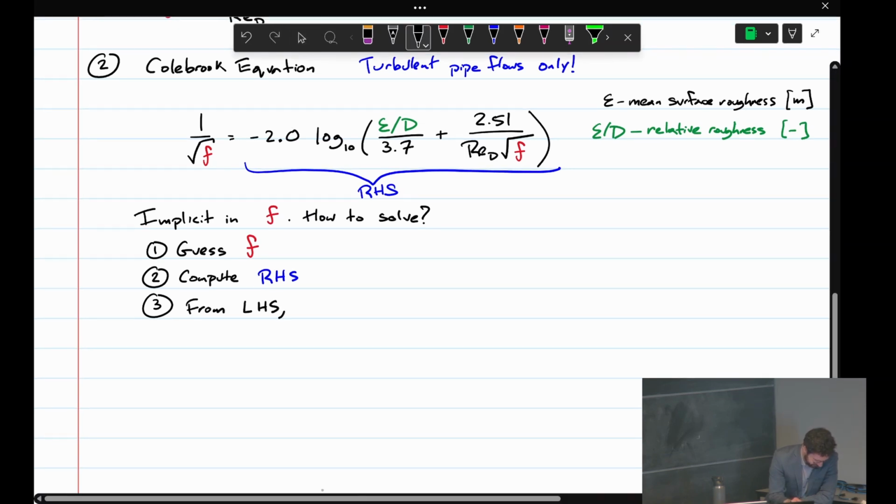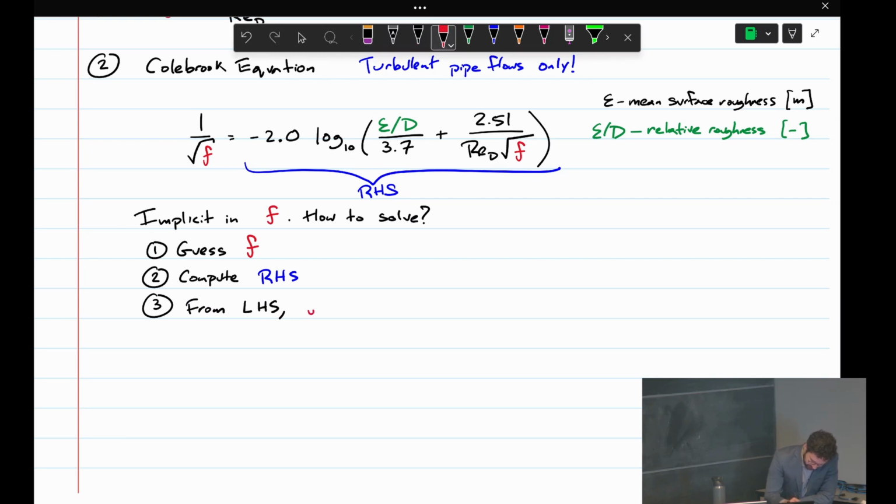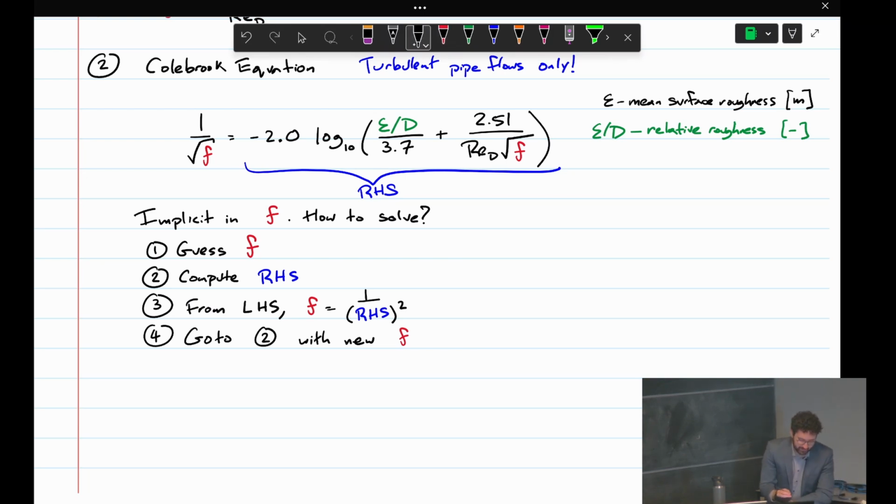From the left-hand side, F equals 1 over the right-hand side squared. Once we have that new value of F, we want to go back to step 2 with our new F. And so on.